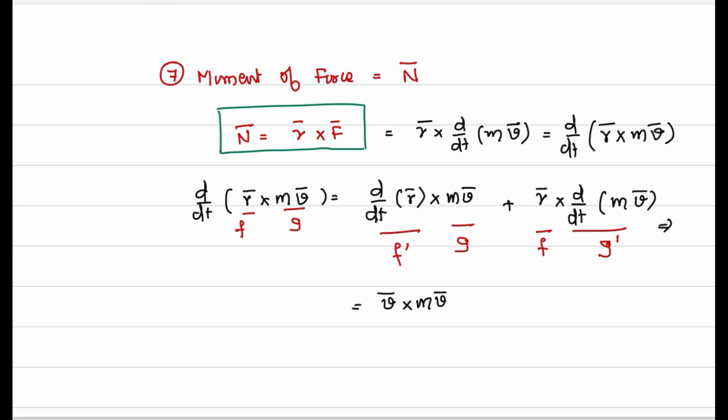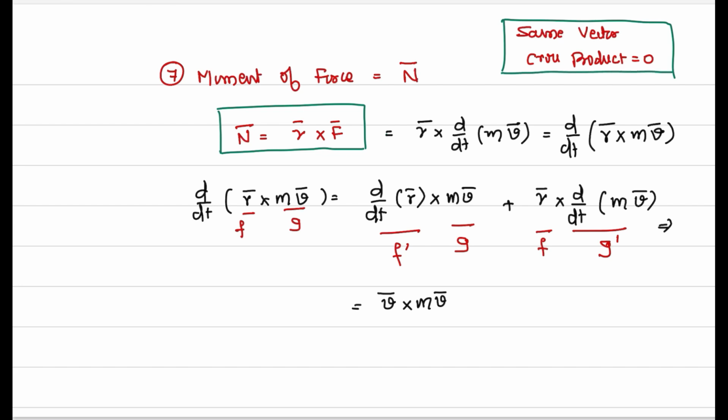A cross A, what is its value? It is 0 because sin 0 is 0. If it is the same vector, the cross product is equal to 0. Please make a note of it.